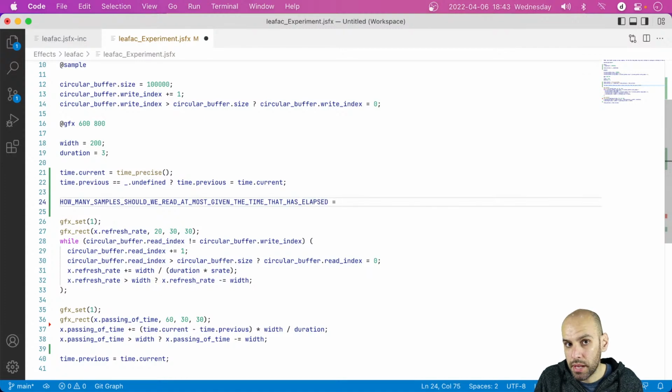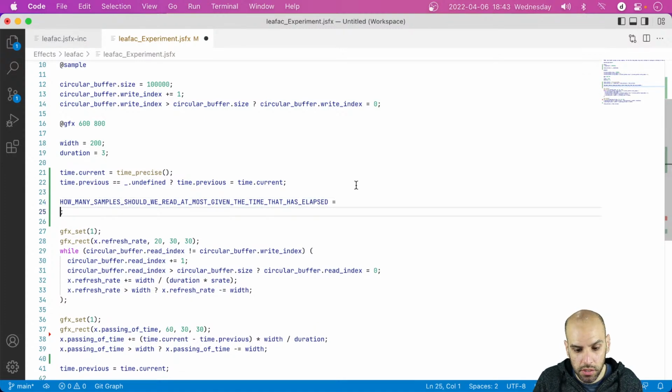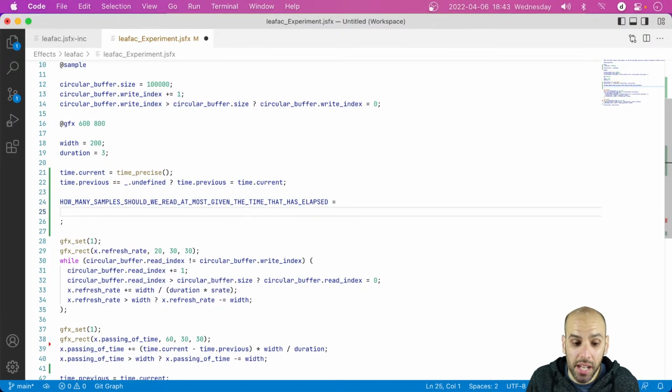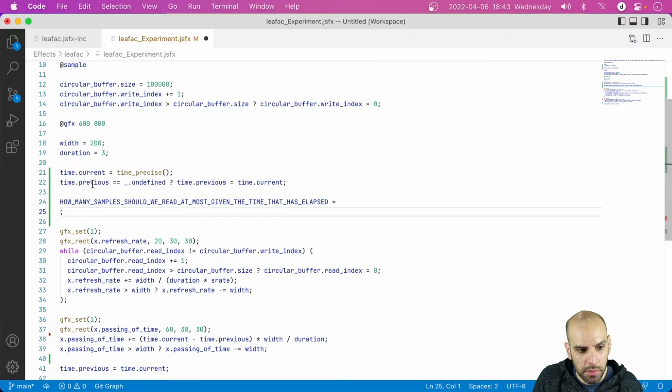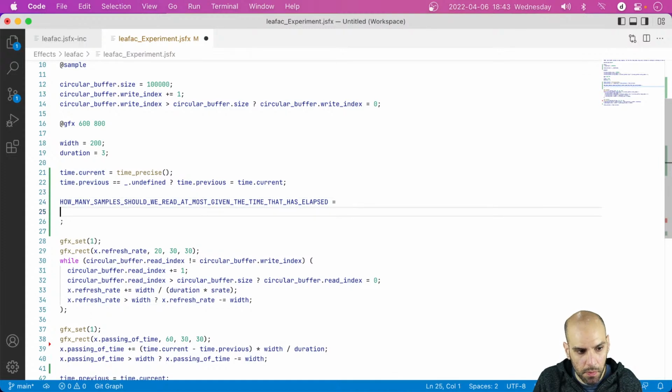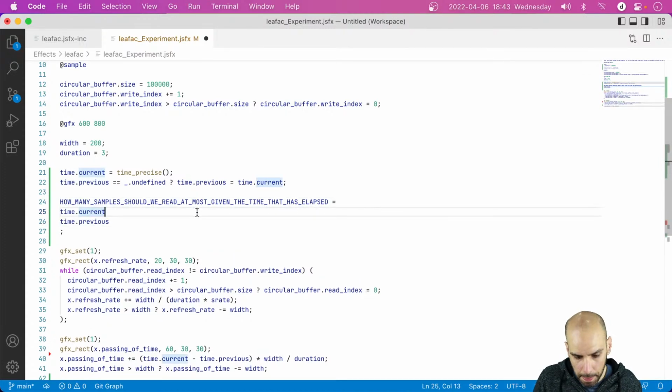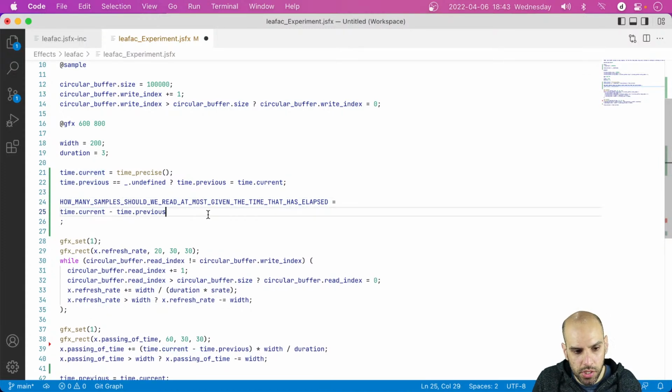Now this may not be the best variable name, but because I made it so long and capitalized, I will remember that I need to rename this. So let's reason about, first of all, how much time has elapsed. That's easy. That's the current minus the previous, right? So this is how much time has passed.